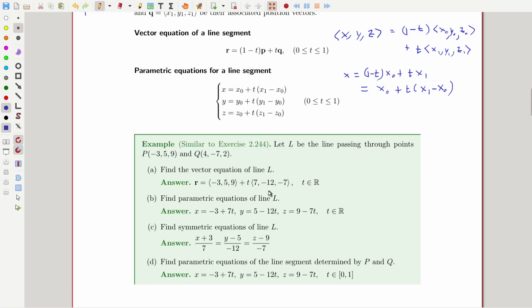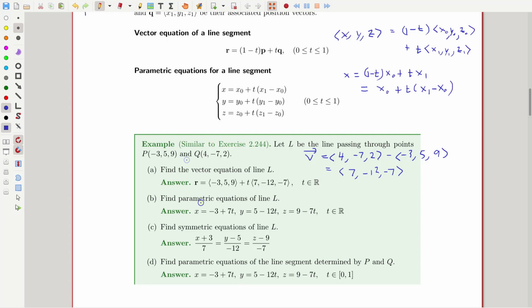And to create the direction vector, we just subtract P from Q. I can write that out: 4 minus 7, 2, subtract off negative 3, 5, 9, and that ends up being the direction vector V, which is 7, minus 12, negative 7. Just double checking that looks right. Yeah, that looks right. So there we have it.